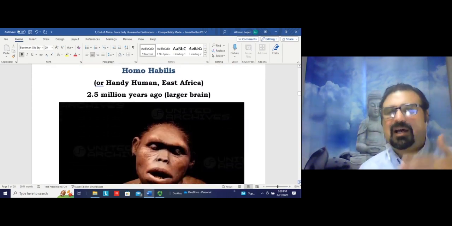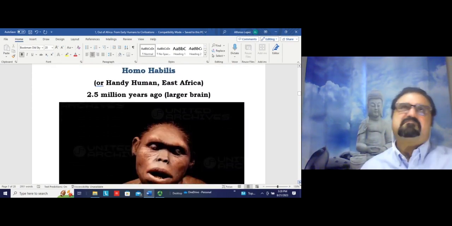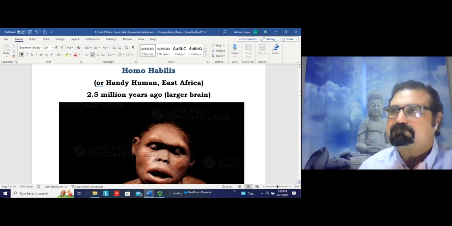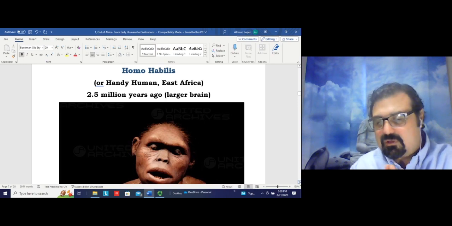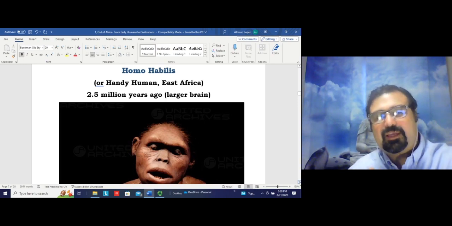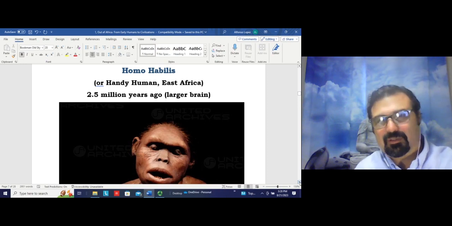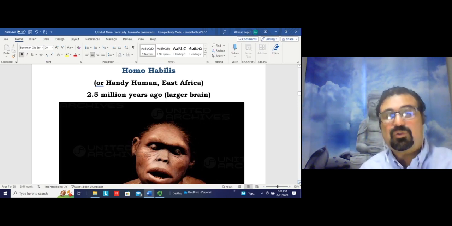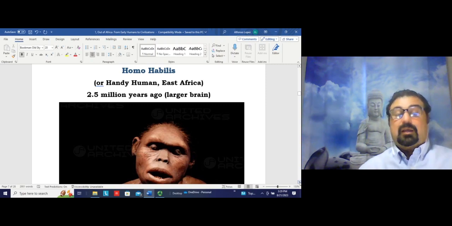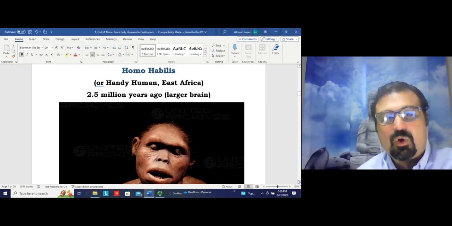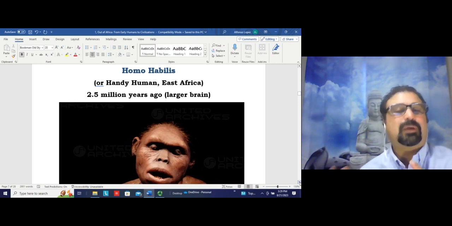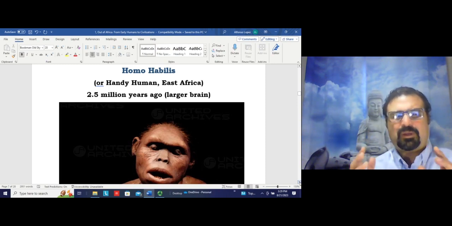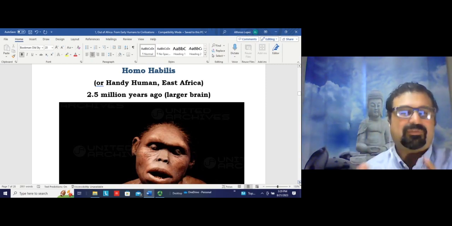And at some point, that Australopithecus, which was still not very clearly differentiated from the earlier humanoids, we're going to see about 2.5 million years ago a humanoid called Homo habilis. And Homo habilis means the handy human. Okay, this is the very first human that exhibits a larger brain and was able to start crafting tools.